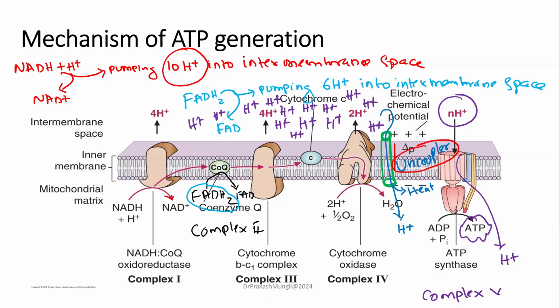What will happen to ATP concentration in the matrix? It decreases. What happens to ADP concentration? ADP increases. Because you are using an uncoupler, you are separating oxidation from phosphorylation, uncoupling. Phosphorylation not going on means your ADP is not phosphorylated with Pi.